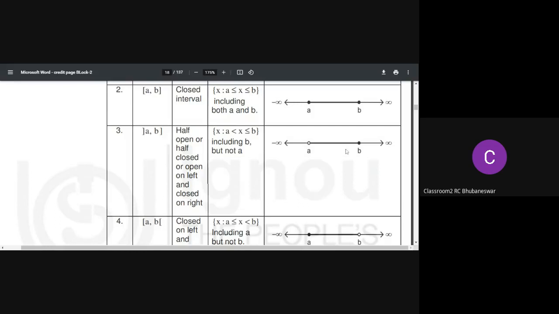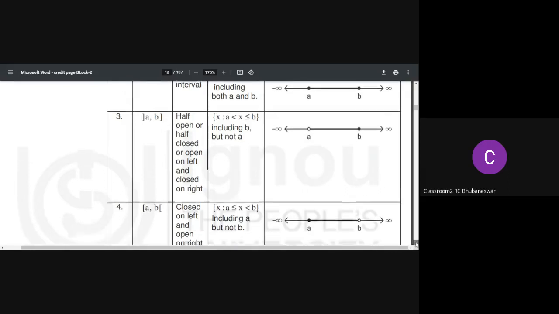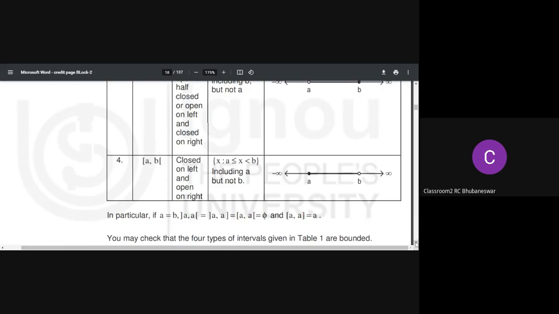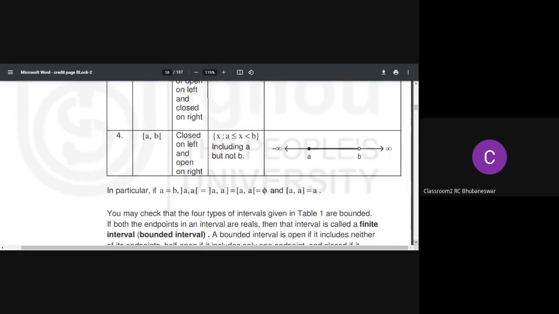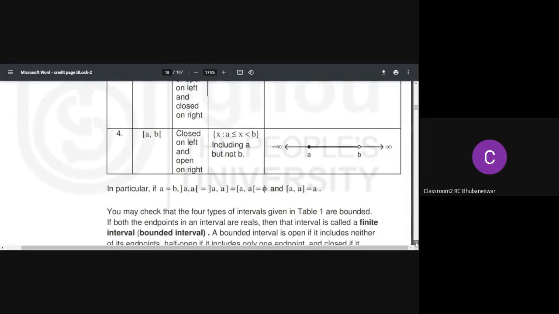It is clearly visible in the geometric representation. On the right hand side, there is a black dot at the point b, but the point a is a white dot. That means the point a is not included inside the set, because it is a left open and right closed set. In the same way, we can also define the last one, that is the left closed and right open set.